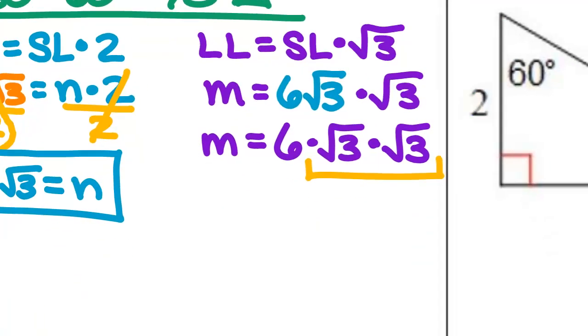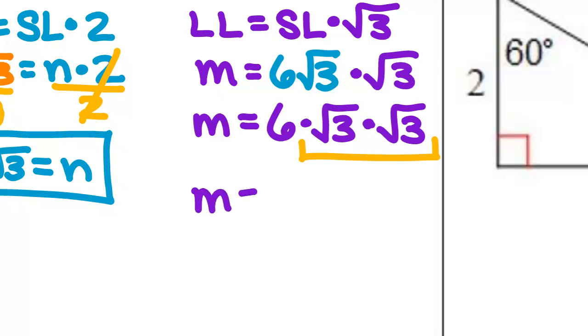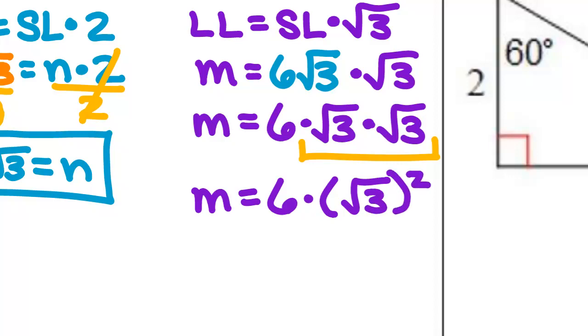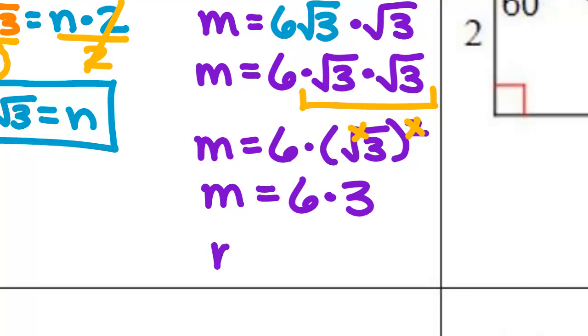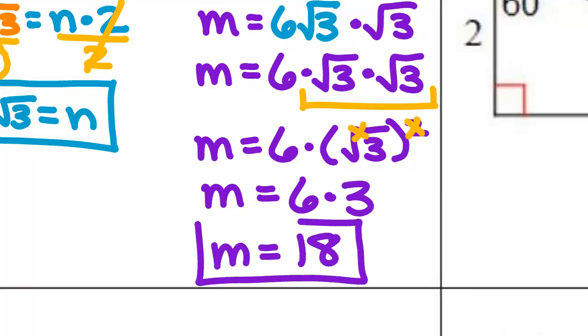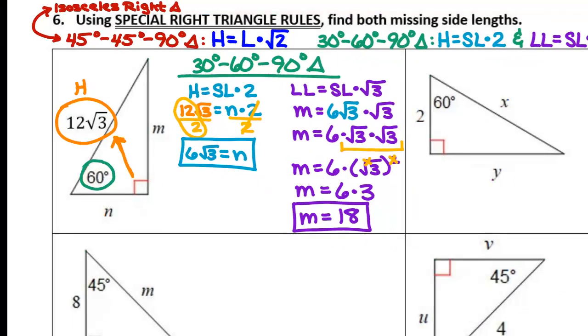That means I have the square root of 3 squared. And that's important because what happens when I have the square root of 3 squared? Cancels out the squared and the square root. So I end up with 6 times 3. And 6 times 3 is 18. Very nice work.